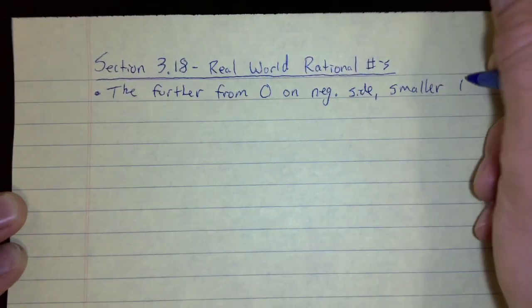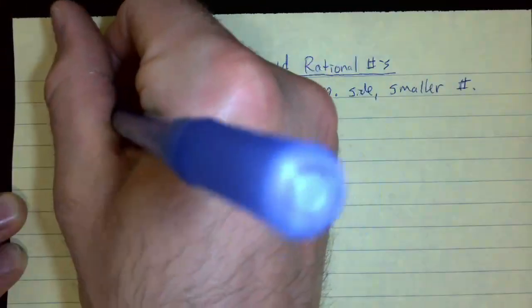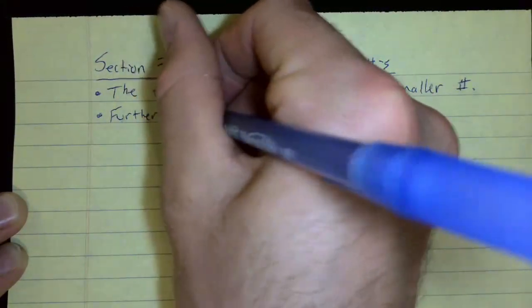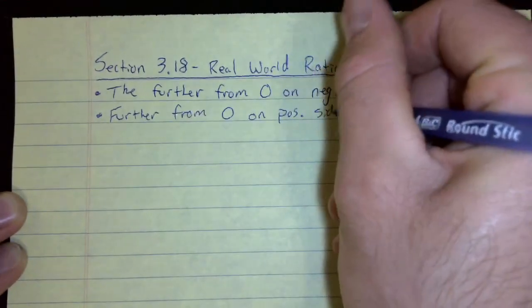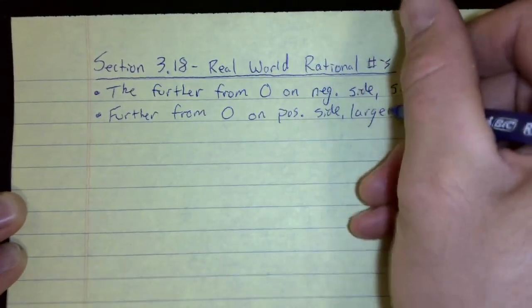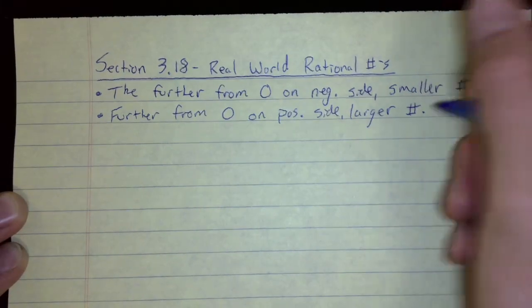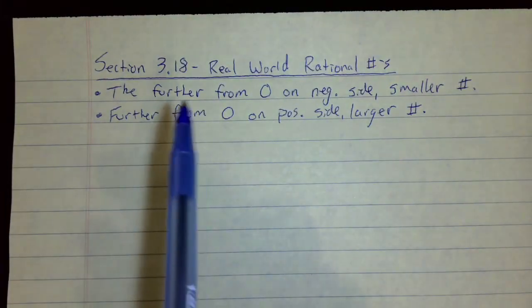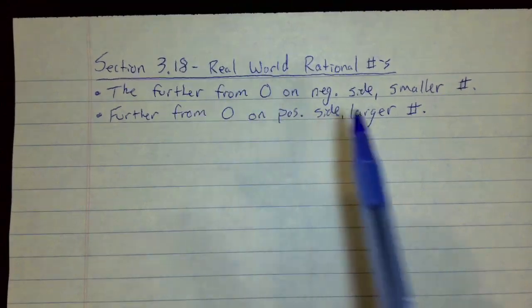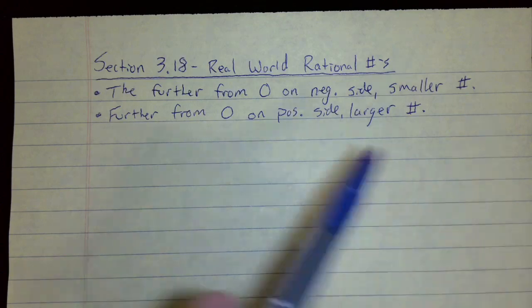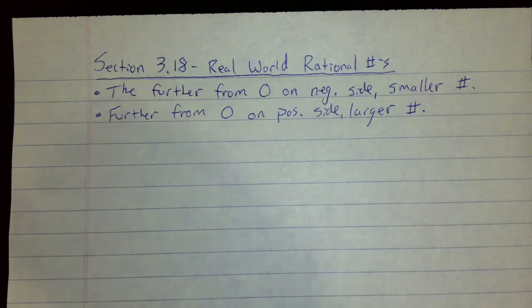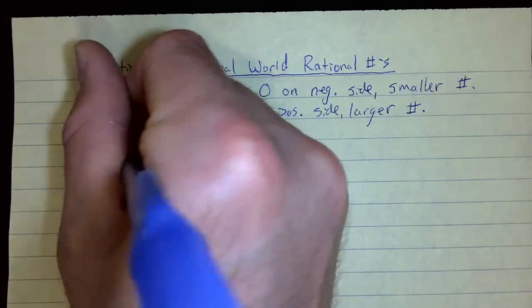And the further from zero on the positive side, the right side, the larger the number. So as we move left and right on a number line, we know this. Today we're going to be looking at vertical number lines.